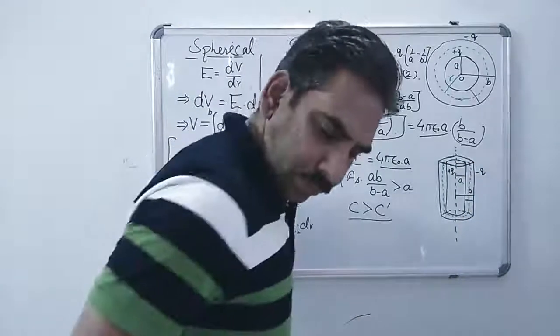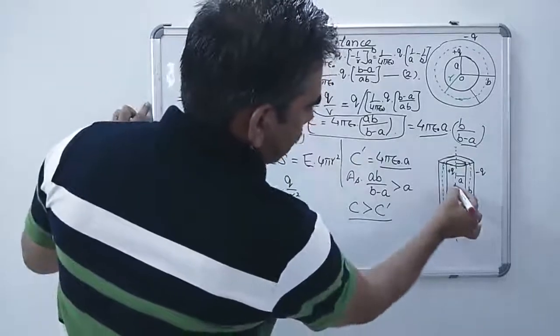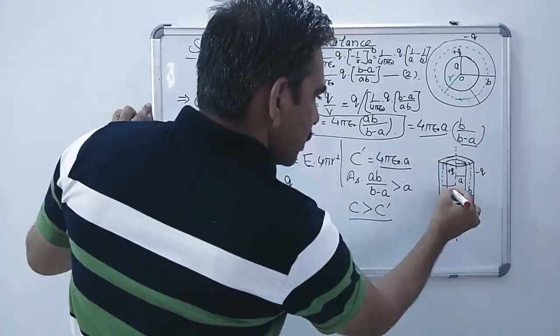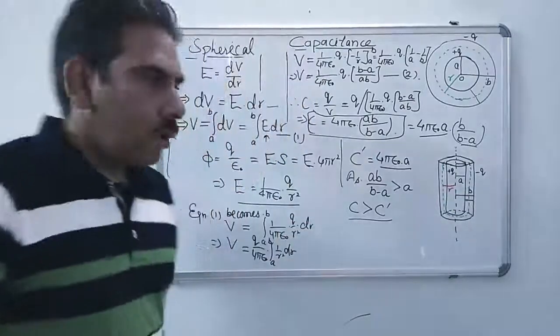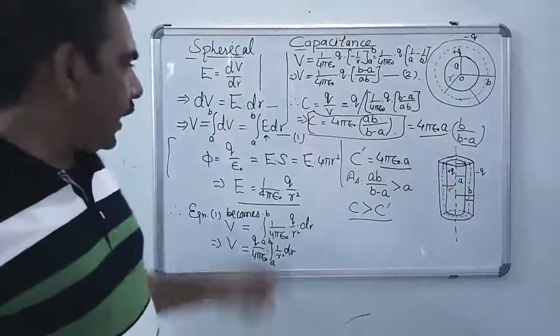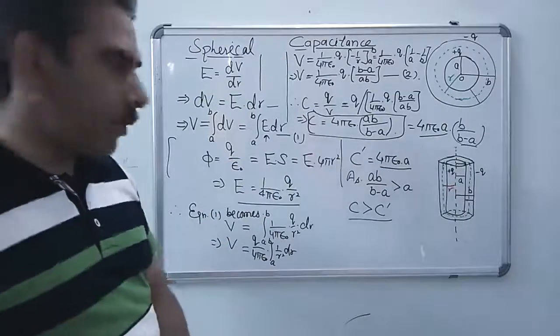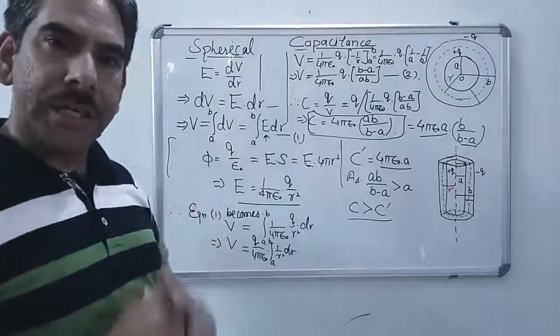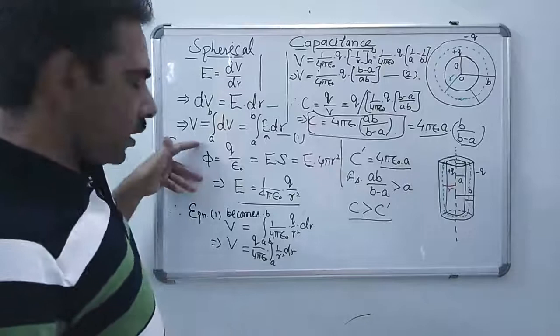We can take the radius of this Gaussian surface to be r. So what is the electric field through this Gaussian surface? This we can find out again with the help of Gauss law, as we did in our earlier classes when we discussed Gauss law. So we proceed in a similar manner.